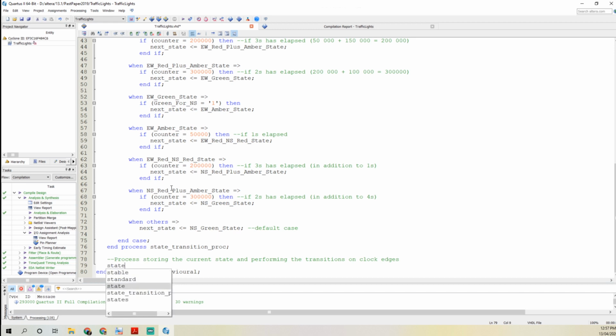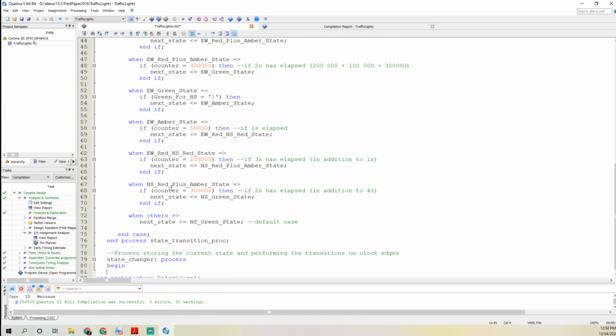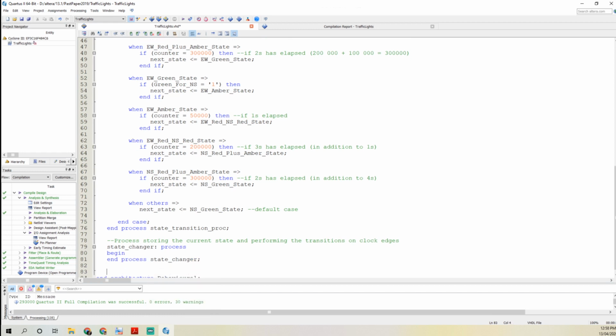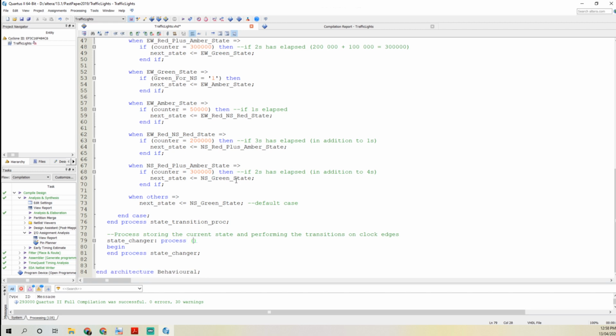Actually, let me just call it state changer. Right? It's a process which has a begin and end process keyword. And this now is going to be sensitive to changes in my clock and reset signals.